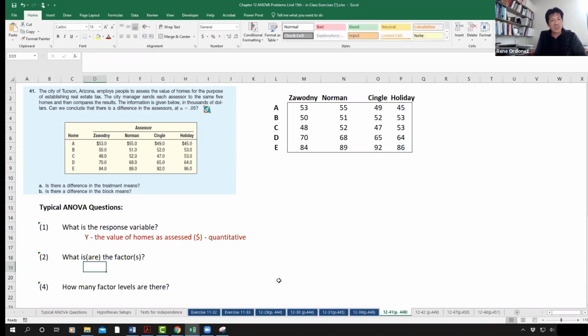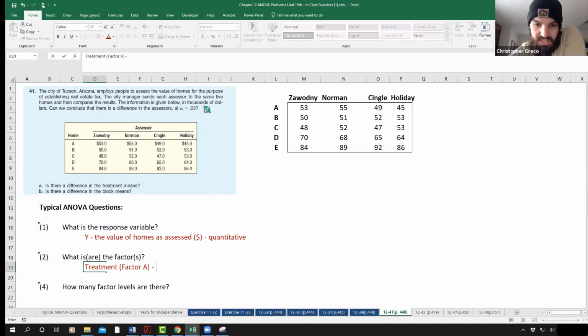What are the factors? I'll start with treatment. What's the treatment here, also known as the factor A? Would that be the assessor? Good.